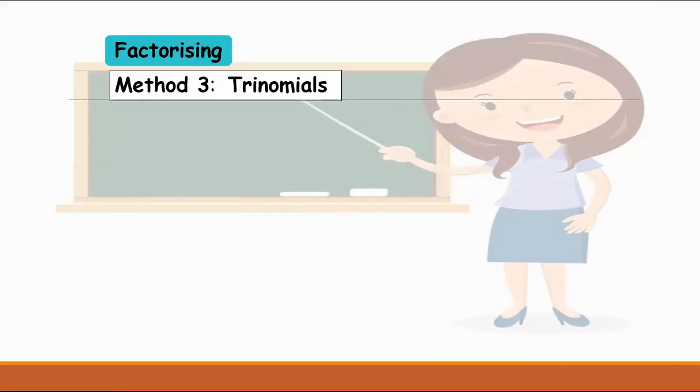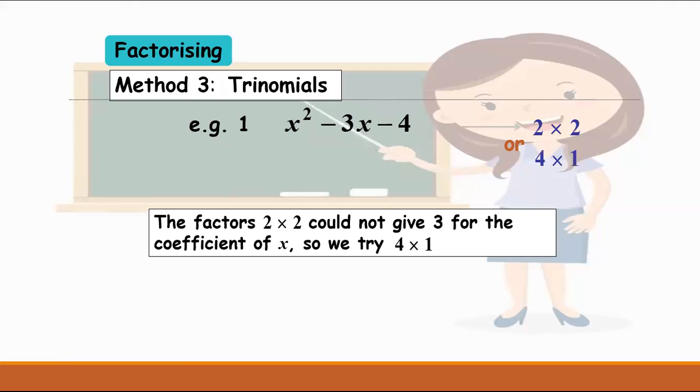Now, method number 3 is the factorization of trinomials. Trinomials are polynomials of three terms. First, we multiply the coefficient with the constant term, and then take the factors and split up the middle term.